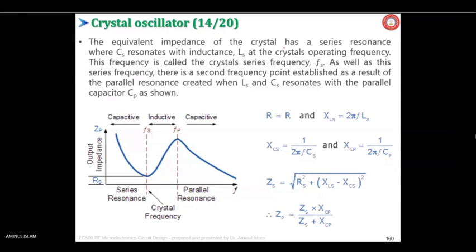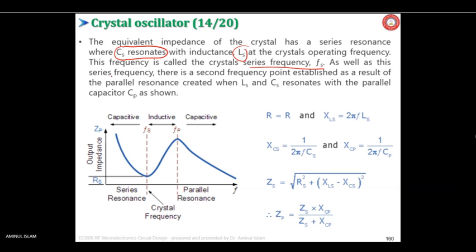The equivalent impedance of the crystal shows a series resonance, where CS resonates with inductance LS at the crystal's operating frequency. This frequency is called the crystal series resonant frequency, FS.